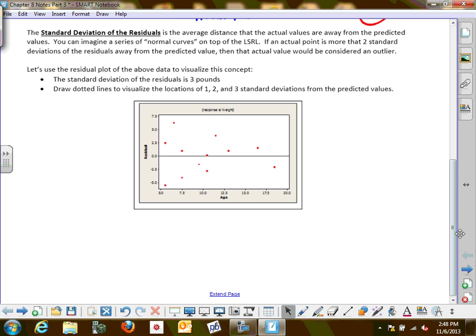Likewise, standard deviation of residuals. Let's go back to definition first. What's a residual? It's that distance from the actual to the predicted. What about standard deviation?